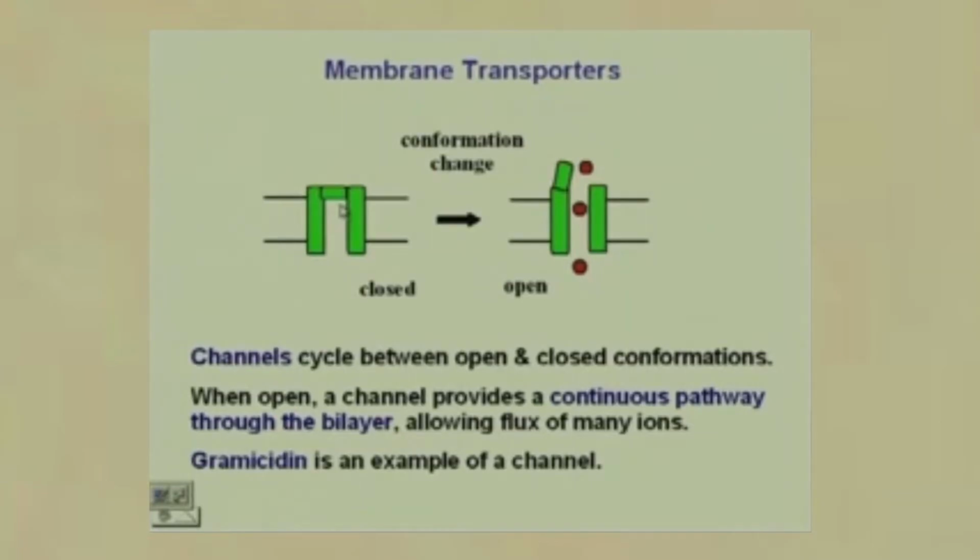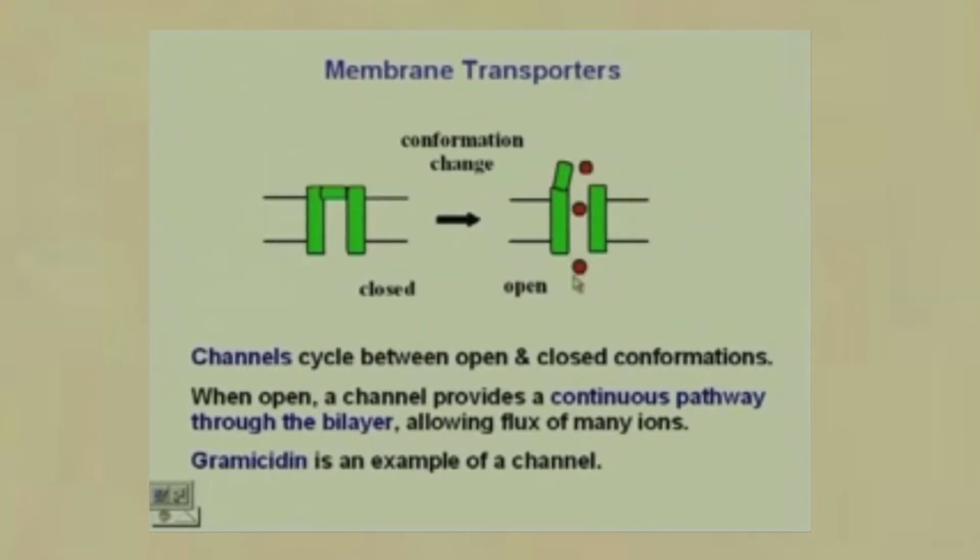So, whether the cell needs potassium or sodium would depend upon whether this ion channel is going to open or close. Okay. So, the channels basically cycle between open and closed conformations, and when open you recognize it is not like a carrier protein, where a carrier protein does not allow anything else to get through. Once this channel is open, there is going to be a flux of many ions going through because you have an open channel now. Okay.